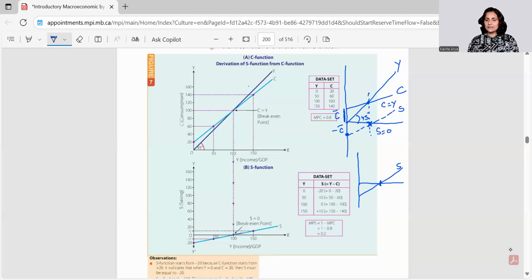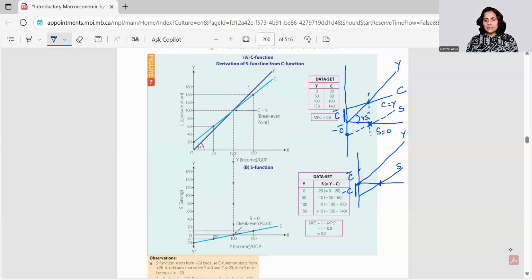First of all, the S curve is given to us. We measure the minus C bar component here and we make exactly the same value above 0, above the origin, and this becomes C bar, the autonomous component. So one point is received. Now we have to make a 45-degree line, that is the Y line.